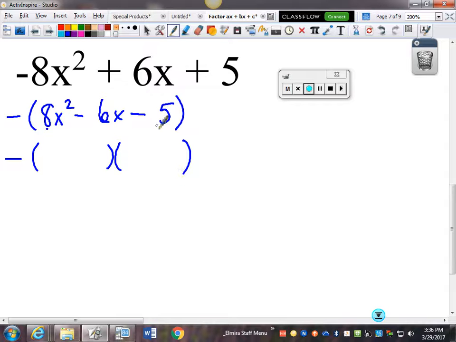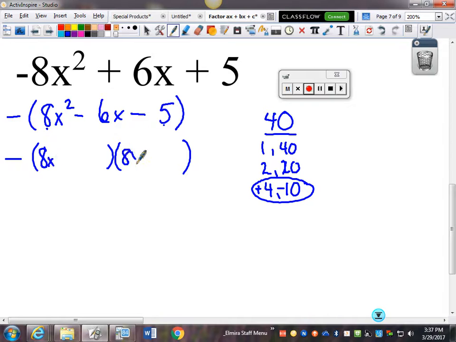So 8 times 5 would be 40. And we need numbers that subtract to 6. So 1 times 40, no. 2 times 20, no. 4 times 10, okay, that subtracts to make 6. In fact, we want a minus 6, so it'll be a plus 4 and a minus 10. So we've got 8x and 8x plus 4 minus 10.